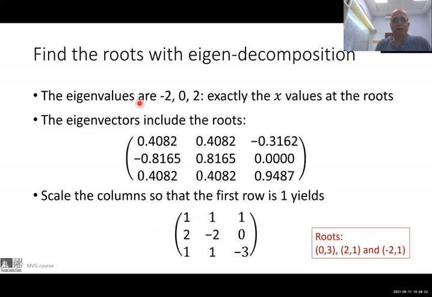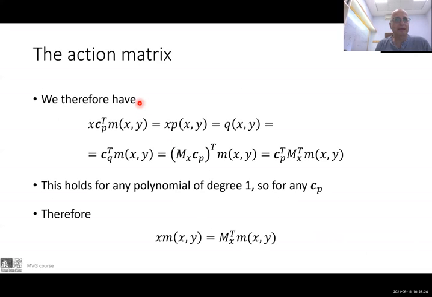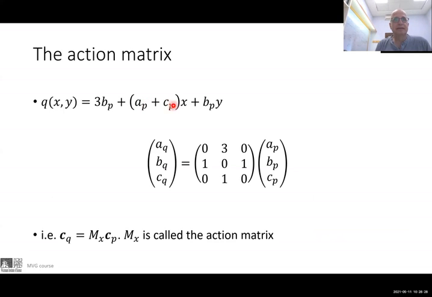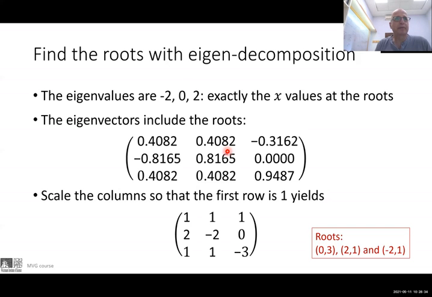Remember the matrix was this, this is M, so I can just take the eigenvalues and eigenvectors. The eigenvalues are -2, 0, and 2, which are exactly the x values of the roots.